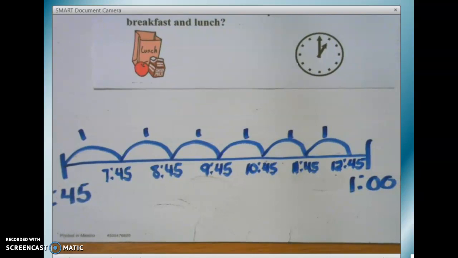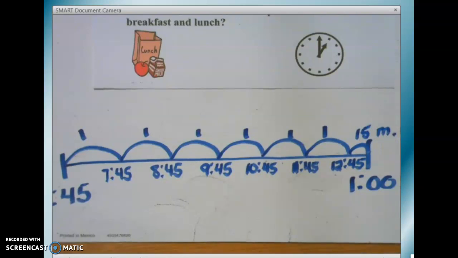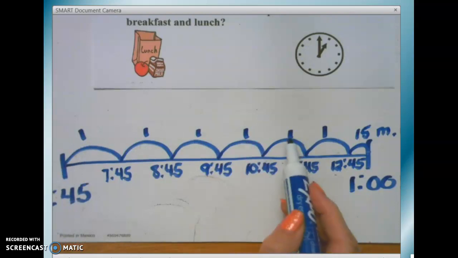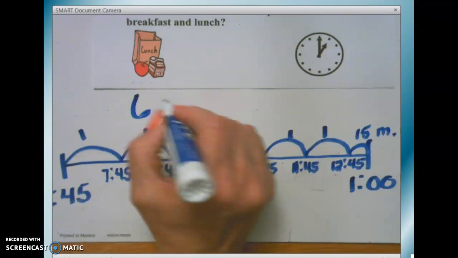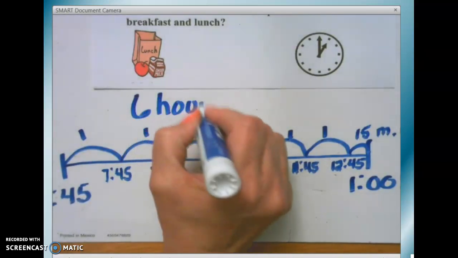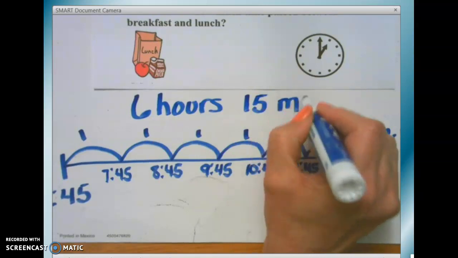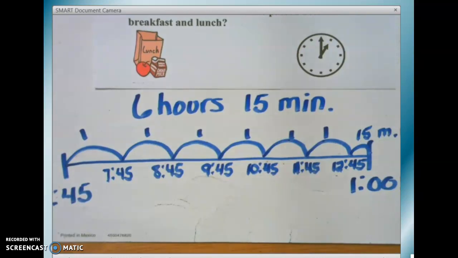How many more minutes is it from 12:45 to our 1 o'clock? 15 minutes. This poor girl had to wait 1, 2, 3, 4, 5, 6 hours and 15 minutes between breakfast and lunch. 6 hours and 15 minutes.